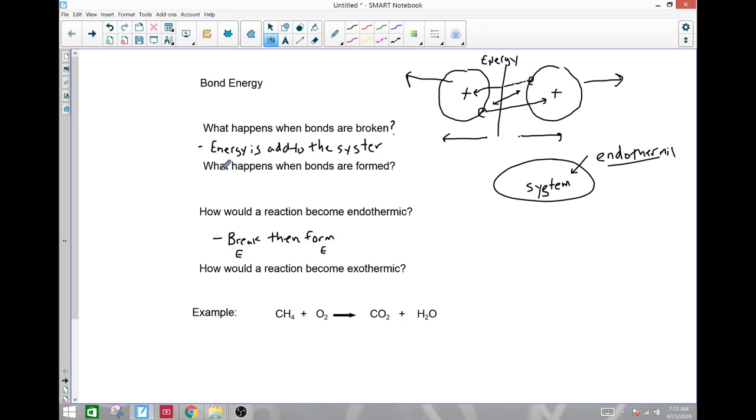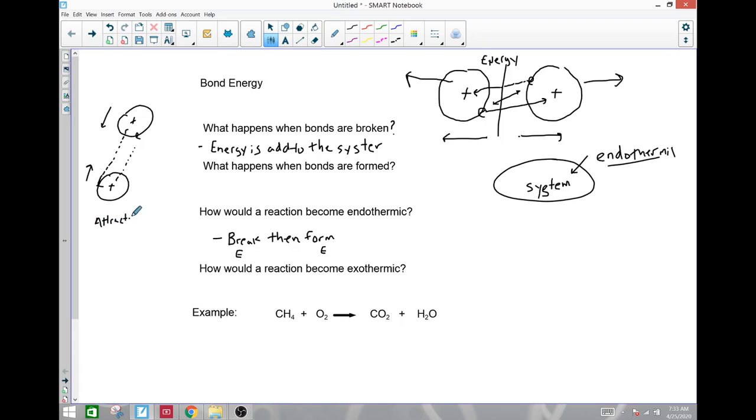So let's go here. What happens when bonds are formed? Okay, so now again you have a positive nucleus, a positive nucleus, you got electrons, and you got electrons. When they're coming together and forming a bond, again you have your attractive forces, and those attractive forces are bigger.